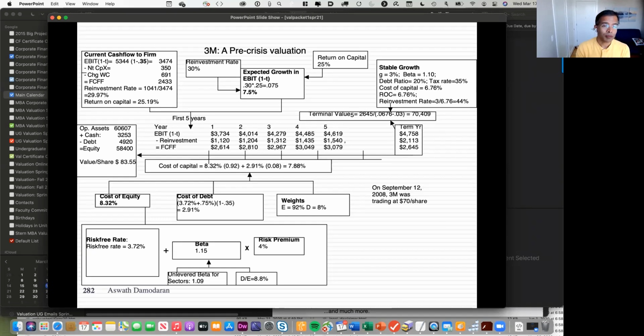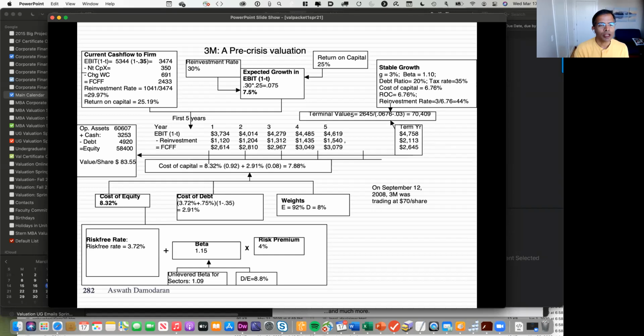And the story I told about this company was it will continue to earn high margins because of its brand name and earn a high return on capital. In fact, a 25% return on capital. And it's a pretty conservatively run company, so it's not going to go to Asia or Latin America and try to do crazy things. And in 2008, I gave them a 30% reinvestment rate.